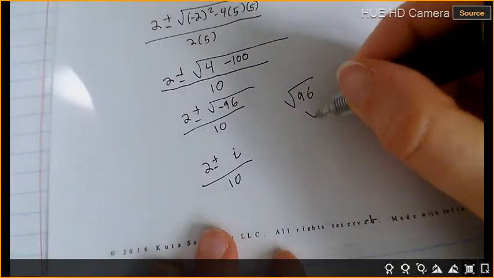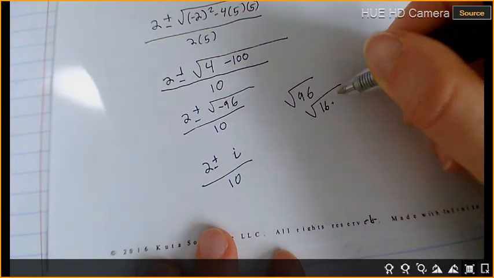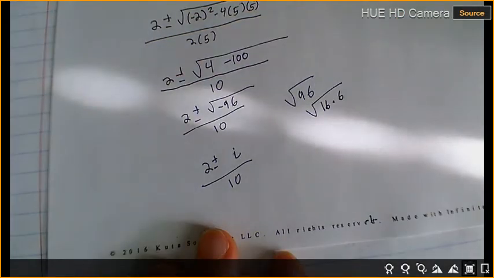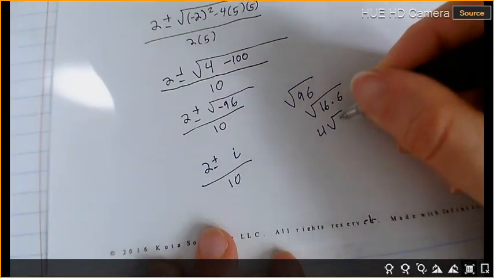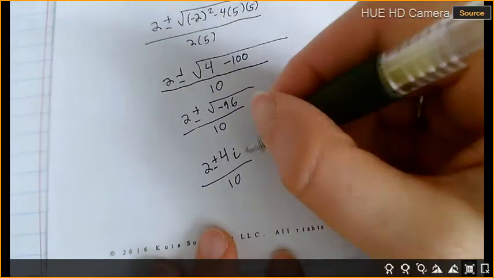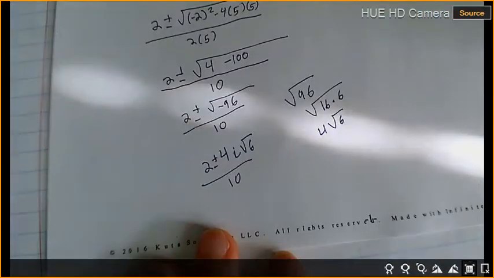So the square root of 96 is the same thing as the square root of 16 times 6. And what is the square root of 16? 4. So we're going to have 4 square root 6. So it's going to be 4i square root 6.